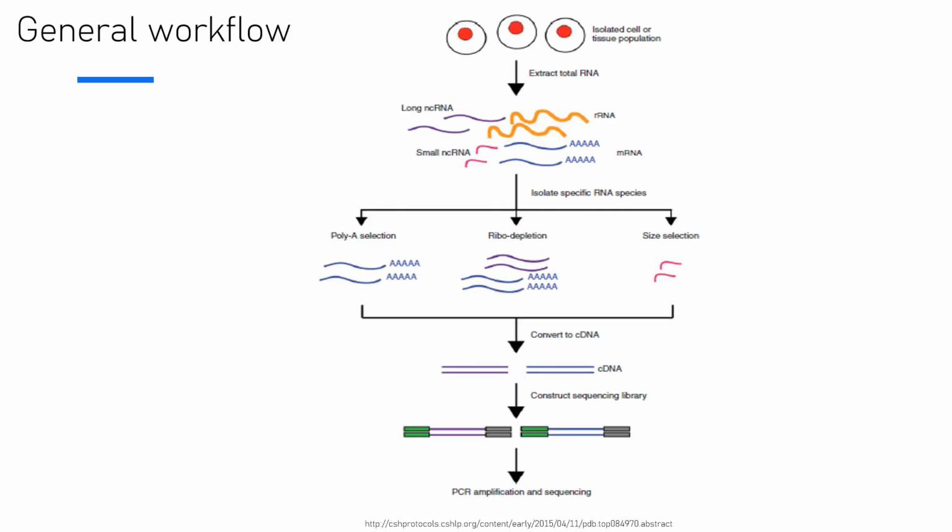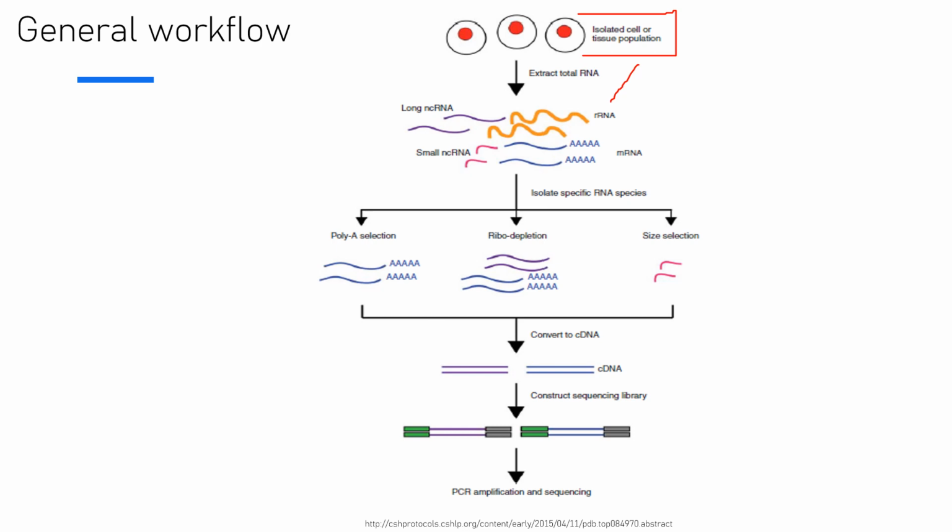Next, this is a general workflow for an RNA sequencing experiment, and this depicts the wet lab part of the RNA sequencing. Generally we have our tissues or samples or bacterial culture, from which we are extracting the RNA using maybe customized kits or in-house lab protocols.